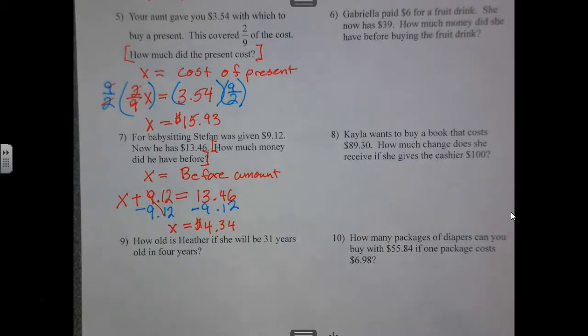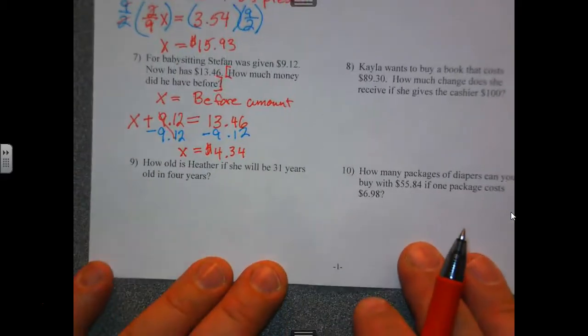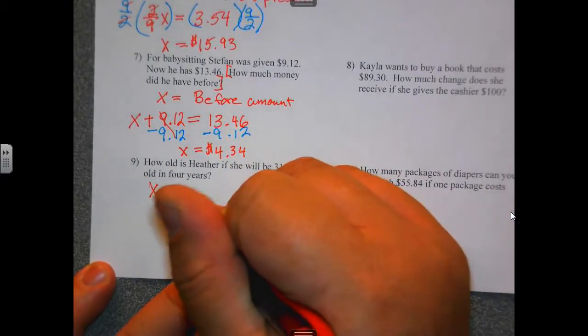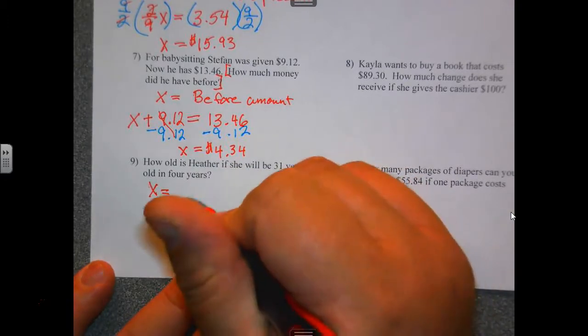Number 9. How old is Heather if she will be 31 years old in 4 years? Okay, so X equals how old she is now.